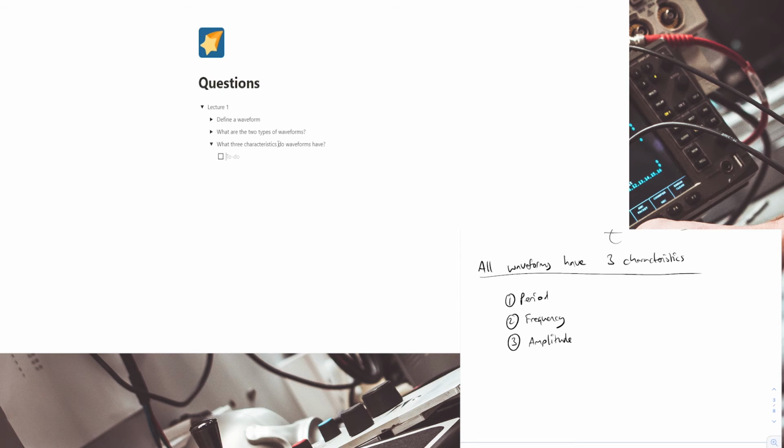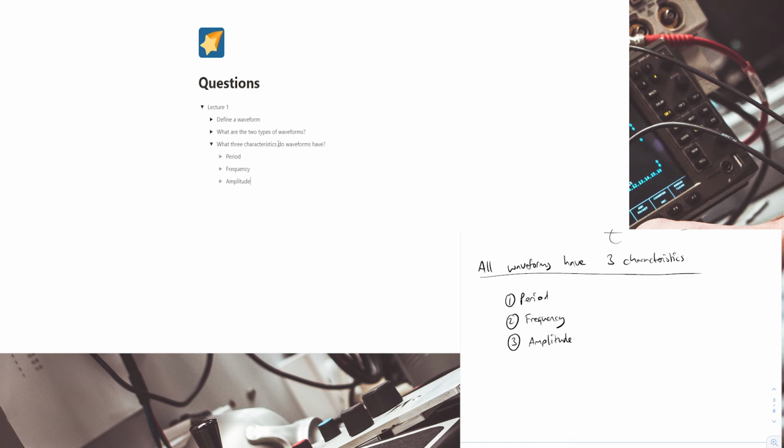Okay, so period, frequency, and amplitude. So amplitude, I assume, is like 5 volts, 4 amps. Frequency is like 50 hertz, 60 hertz, and period, I don't know.